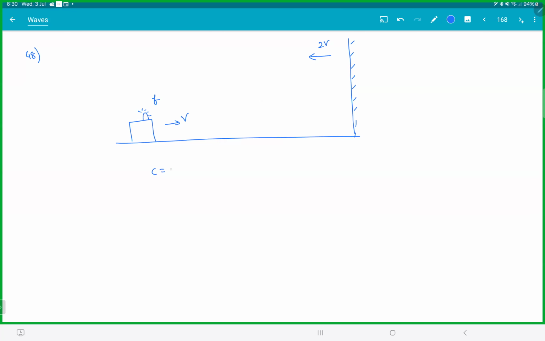C is the speed of sound. And there's an observer inside. So the first question, find the frequency and wavelength heard by the wall or seen by the wall.